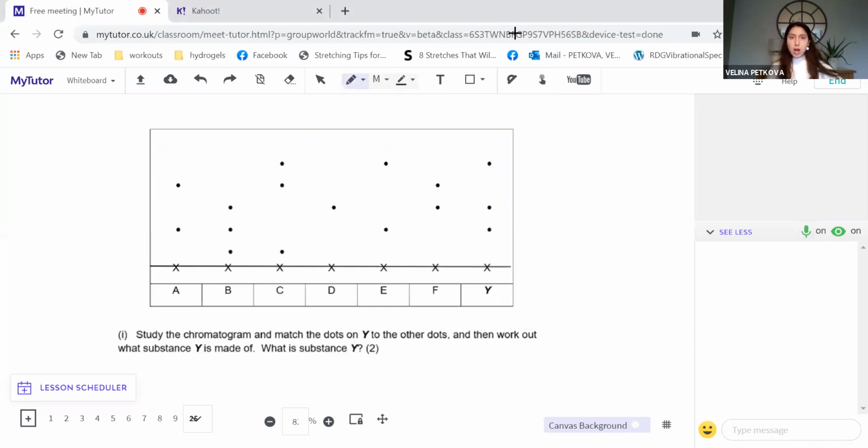So it can't be C, because although the dot at the top does match up with the top dot of Y, we don't have any dot that matches up this one or this one. So we know it's not C. They must match up, but also there must not be any other substances present in your option.